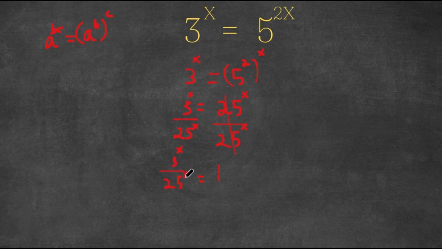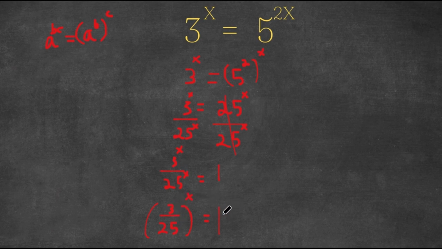Whenever we have a numerator going to the power of an exponent and our denominator going to the power of the same exponent, we can rewrite this as 3 over 25 to the power of x equals 1. Because the x just multiplies with all our numbers here. So this is equal to this.